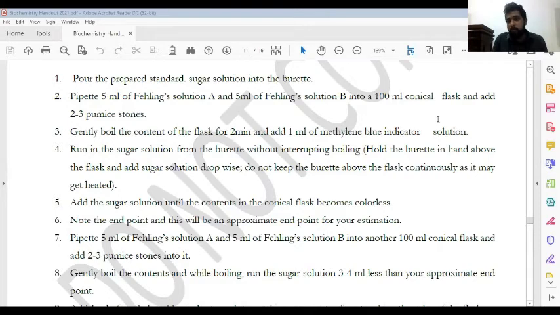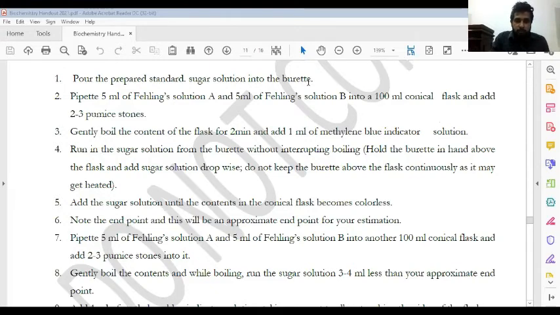The reducing agent is the reducing sugar, so there should be reducing sugar to have this redox reaction. So that's the second reason. The first reason is to remove dissolved oxygen. If there's dissolved oxygen, leucomethylene blue can convert back into methylene blue.